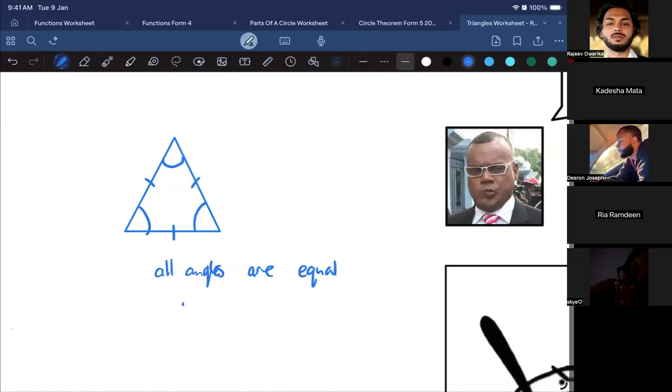Watch, because you would say 180 divided by 3 is 60. You would never see an equilateral triangle with an angle other than 60. All the angles would always be 60.